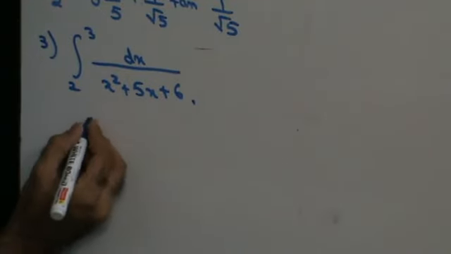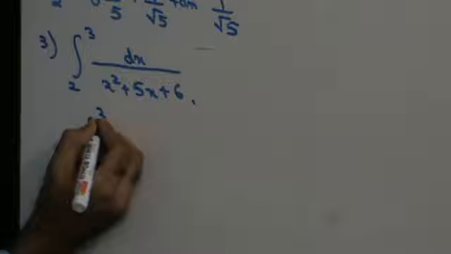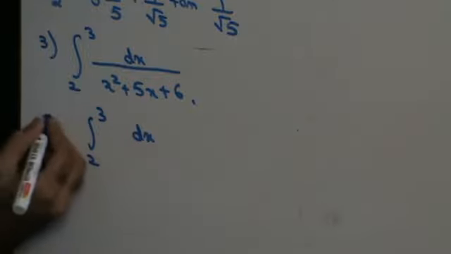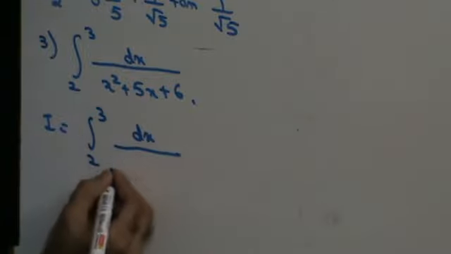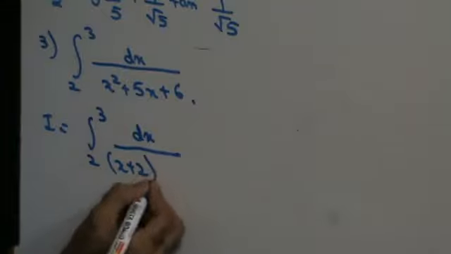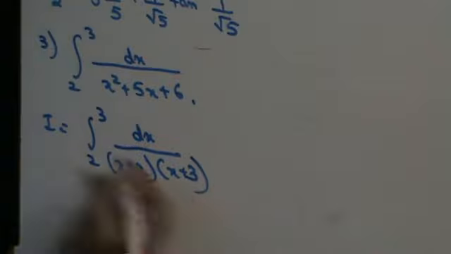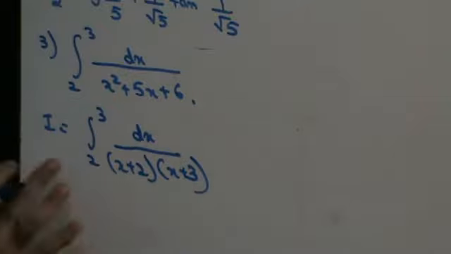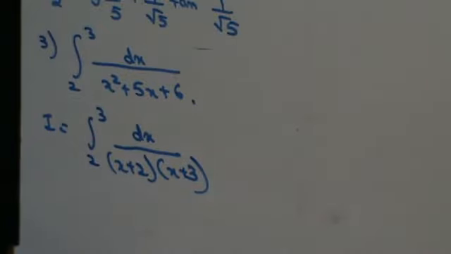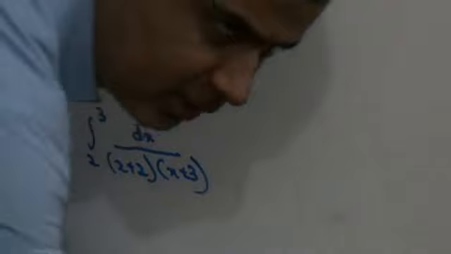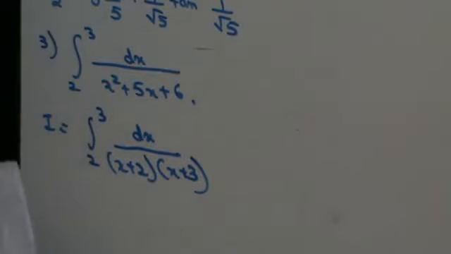So I is equal to integral of 2 to 3 dx upon x plus 2, x plus 3. Quadratic factors, right? I could have done it by any method. You can do it by the quadratic method and get the answer. I'm doing it by partial fractions.